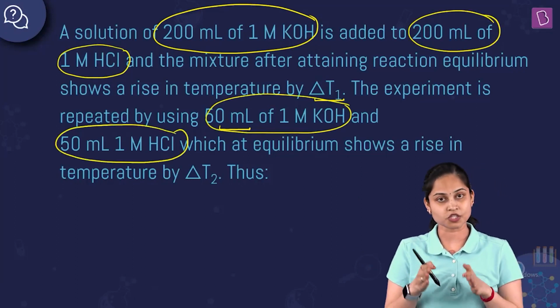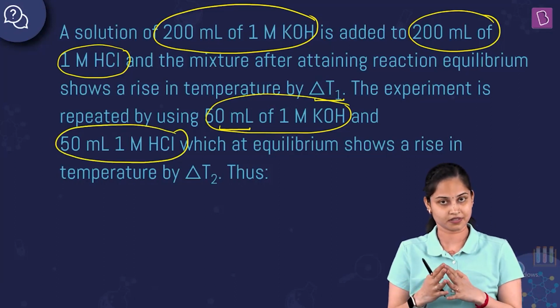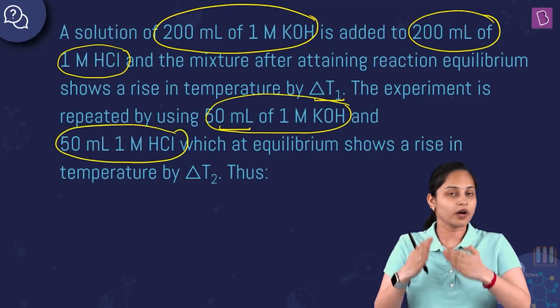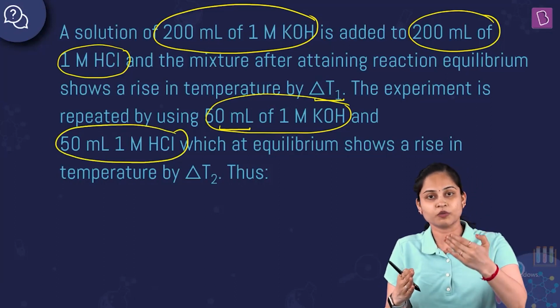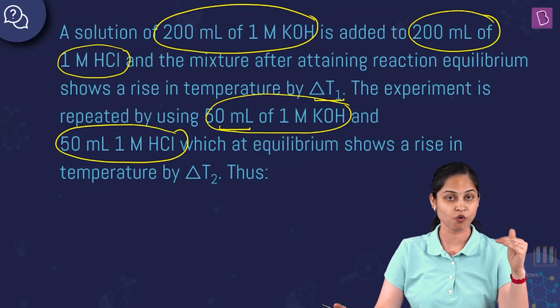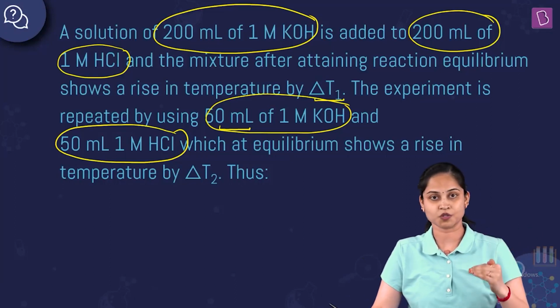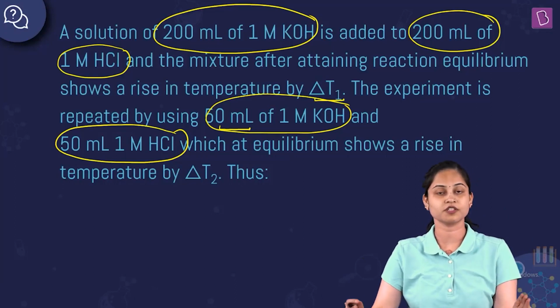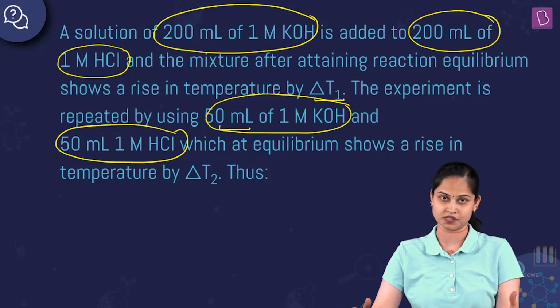That means for the second process, the volume is 1/4 the volume of the first process. In the first process we are taking the volume as 200 ml, and in the second process as 50 ml.